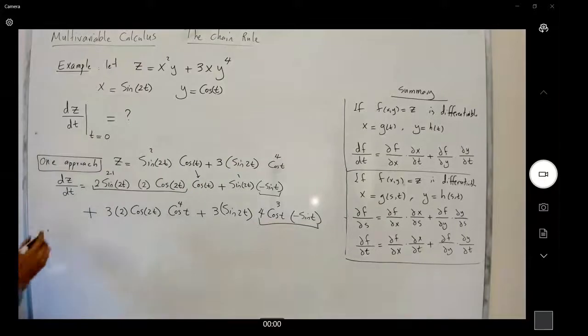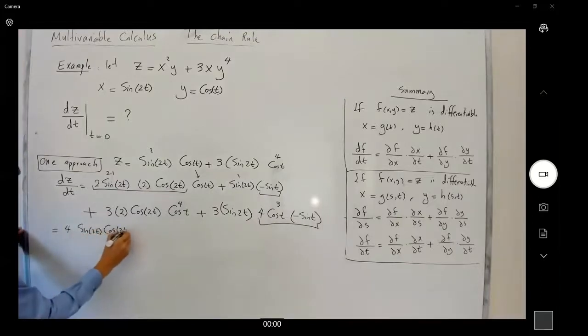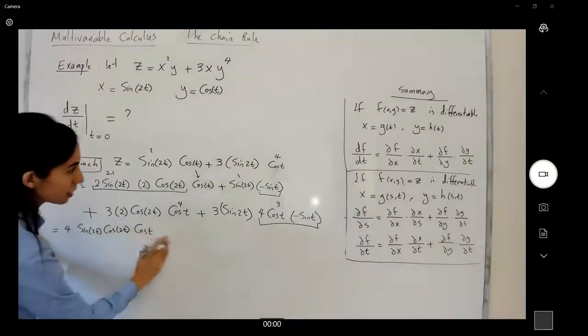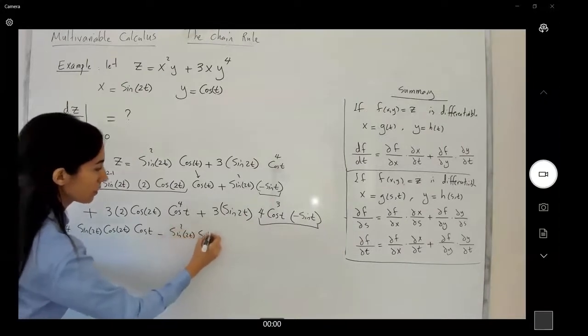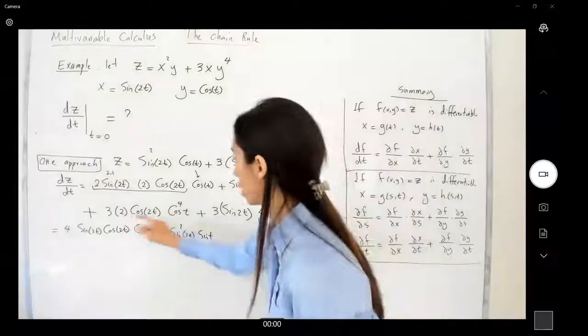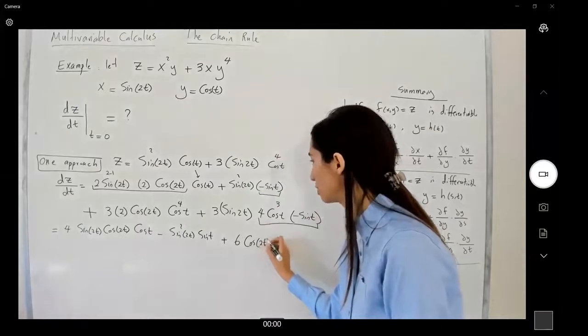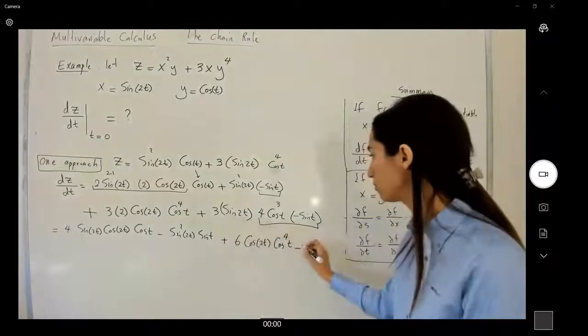Let's try to simplify. This is equal to 2 times 2, which is 4, sine 2t cosine 2t times cosine t, minus sine squared 2t sine t, plus 6 cosine 2t cosine to the fourth t, and here you get minus 12.